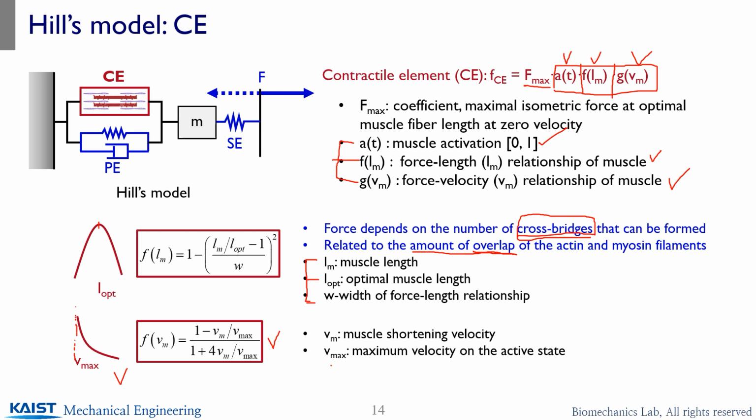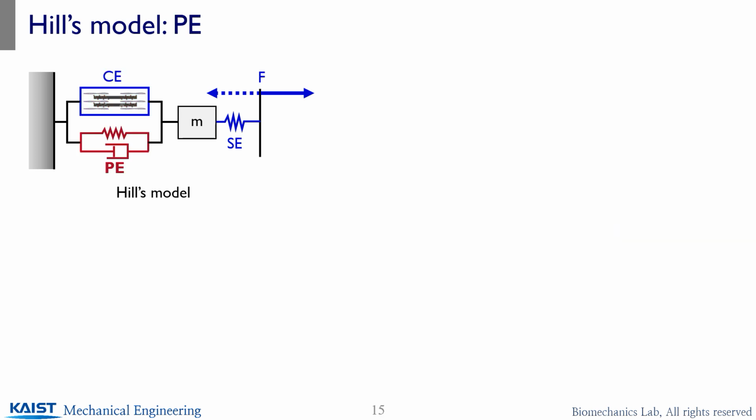Okay, and Vmax and the number 4 here could be replaced by other numbers; they are just simple fitting parameters, modeling parameters. So again, the contractile element is composed of the multiplication of three components: activation, force-length, and force-velocity. Force-length has a maximum value in the middle. Force-velocity keeps decreasing as you increase the shortening velocity magnitude.